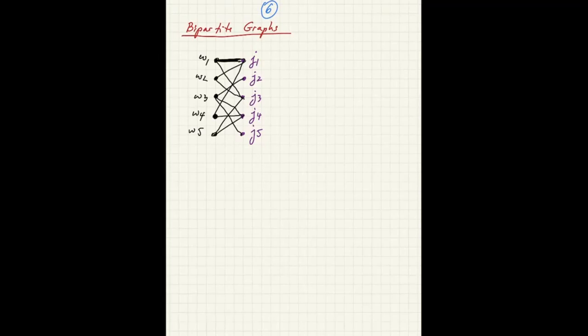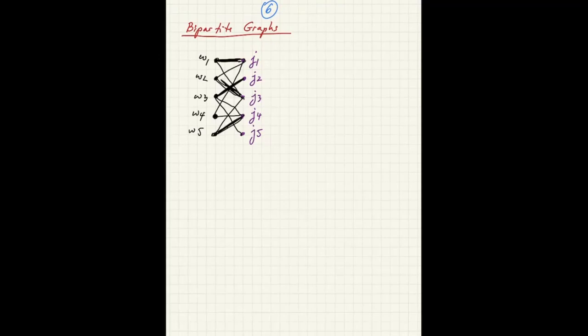In that case, job 1 cannot be given to worker 2 or worker 4. So then you can say, okay, worker 3 gets job 2, maybe worker 2 gets job 3, worker 5 gets job 4, but we don't get any job for worker 4, and it's the same thing for job 5.